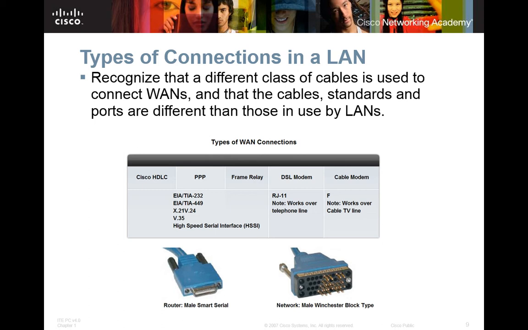And then you have the Winchester block type, which I absolutely hate. I got a couple of them over in the other room. But these are your X.21 or V.35s and stuff like that. You don't ever want to use these. If you can get out of it, start using the smart serials. They're a lot faster. They run on SCSI backbone.